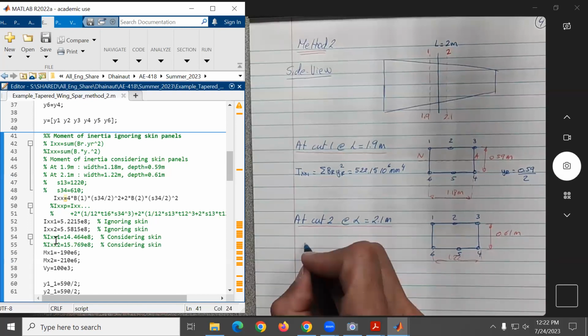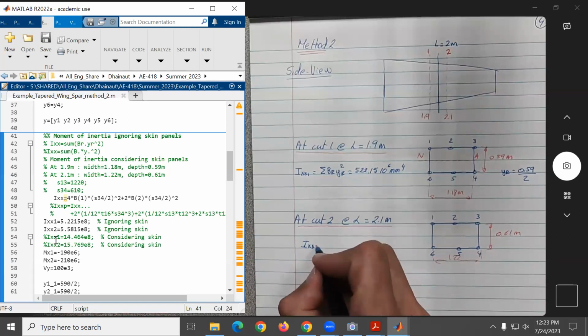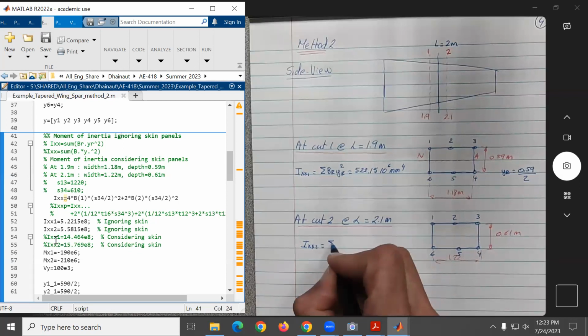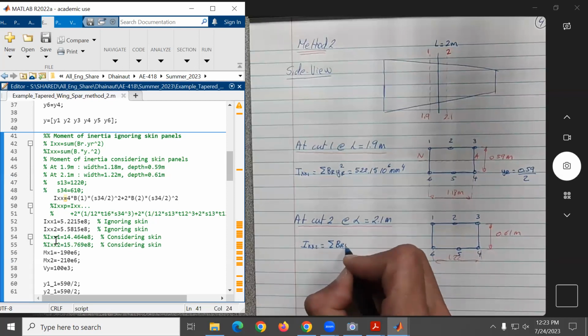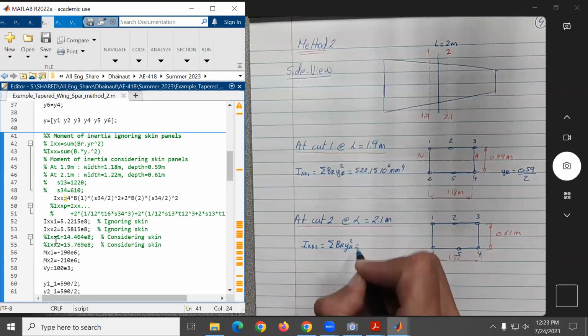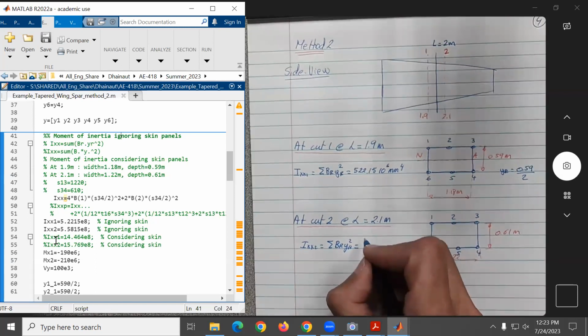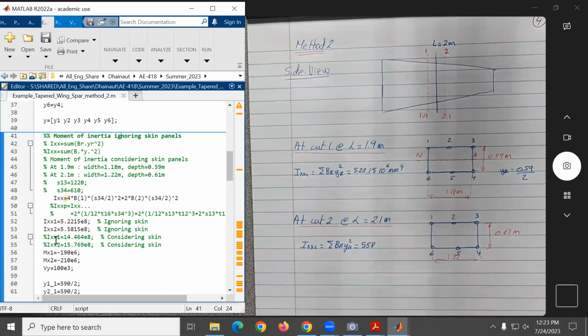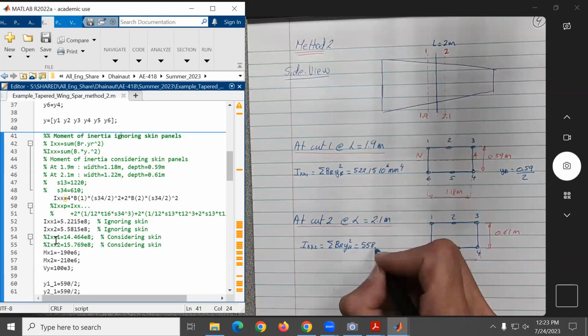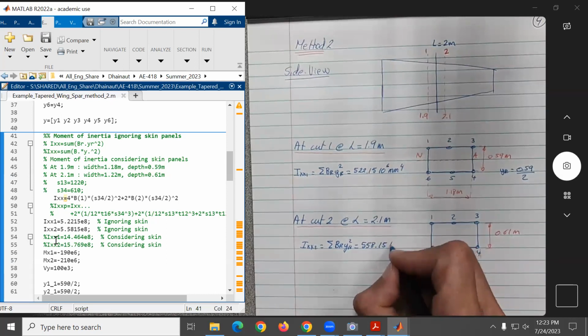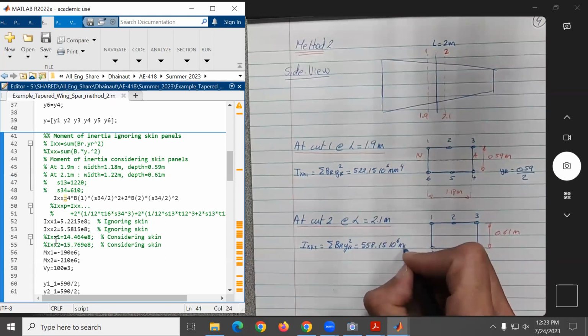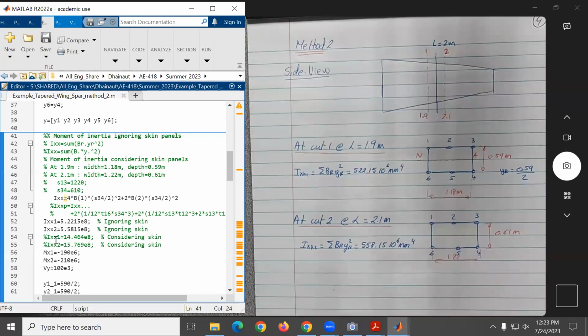And this will give us an Ixx, the summation of b_r y_r squared, equal to, you see, I said it here, 558.15 times 10 to the 6 millimeters to the 4.